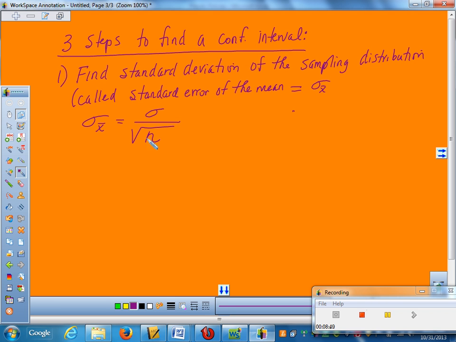Sometimes you won't always know the standard deviation of the whole population either. You may use the standard deviation of your sample in that formula if you sampled 30 people or more.